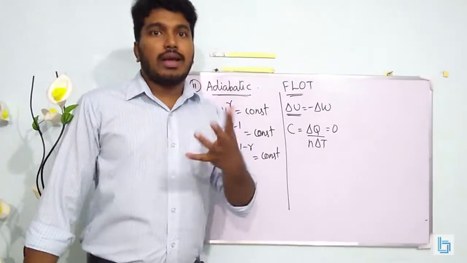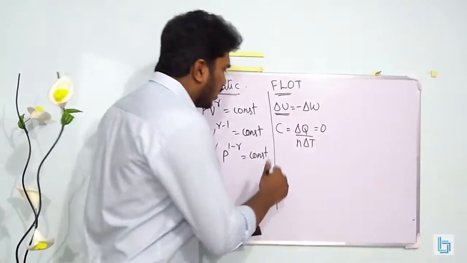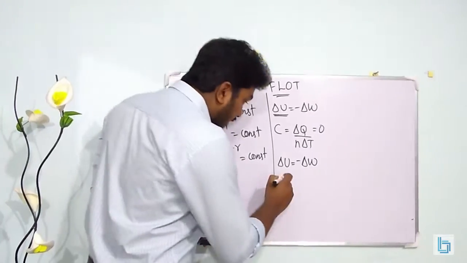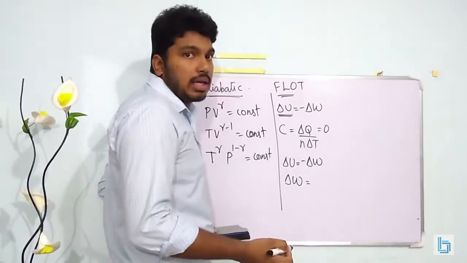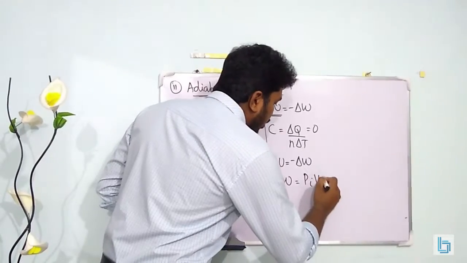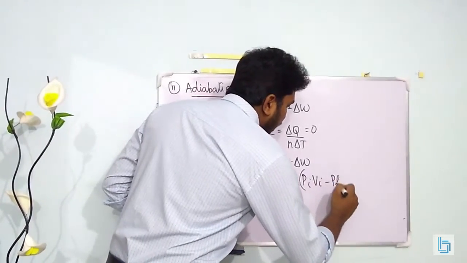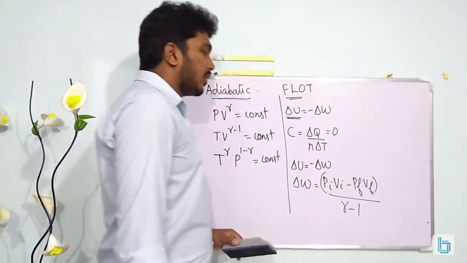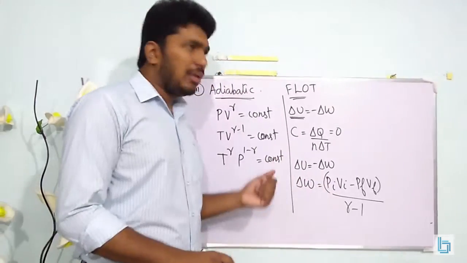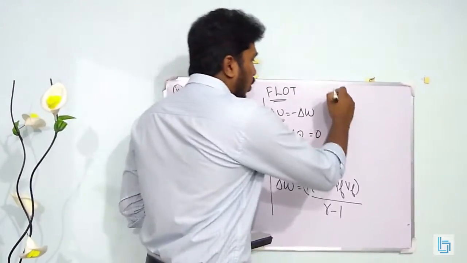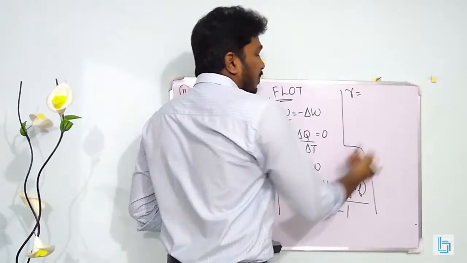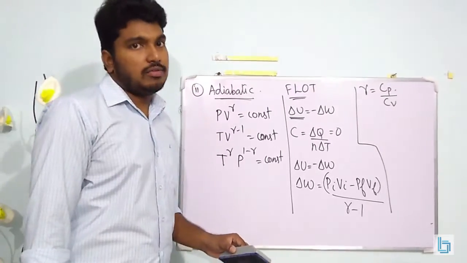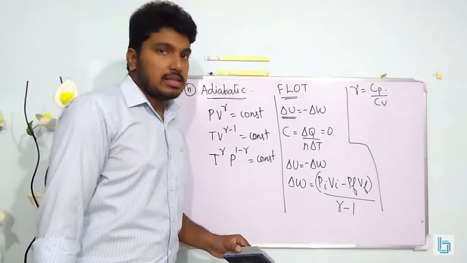So work done, or delta U, which is equal to minus delta W, I can simply write delta W is given by P initial V initial minus P final V final, divided by gamma minus 1. So what is this gamma I have been using here? Gamma, like I told you in the last class, is known as the adiabatic constant, and gamma is equal to Cp by Cv.